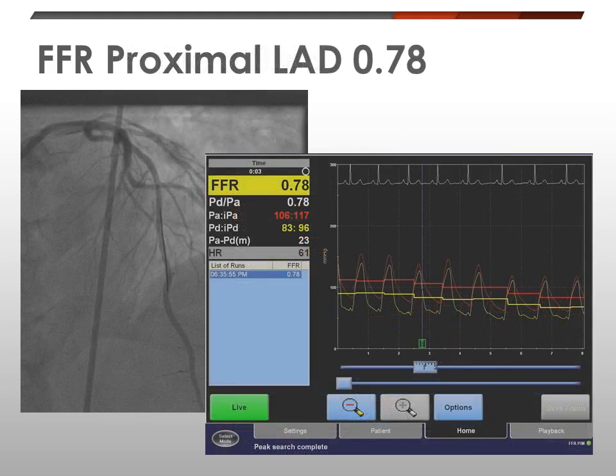And finally, with that FFR wire placed into the mid-LAD, measuring the significance of the proximal LAD narrowing, you see we get a significant fractional flow reserve ratio of 0.78, indicating hemodynamic significance of the proximal LAD.